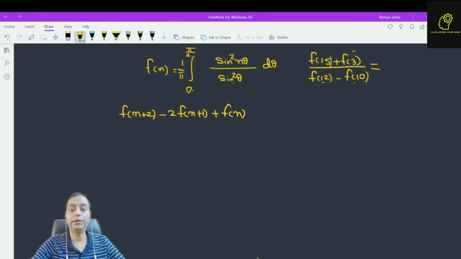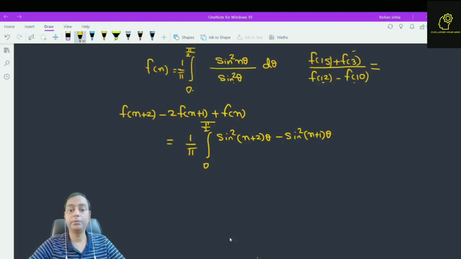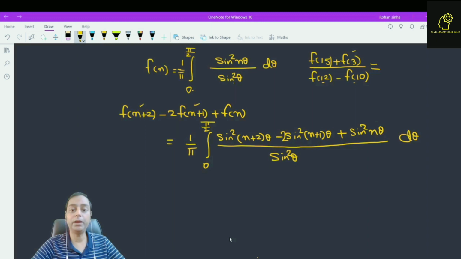What we find is this equal to 1 upon pi, integral from 0 to pi by 2 of sin square n plus 2 theta minus 2 sin square n plus 1 theta plus sin square n theta whole divided by sin square theta d theta. So in this step, I simply put the values of f of n plus 2, f of n plus 1 and f of n.